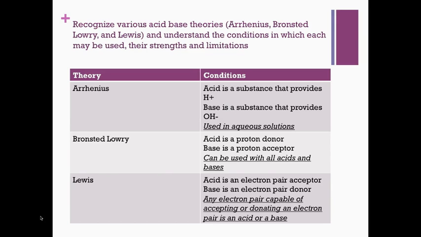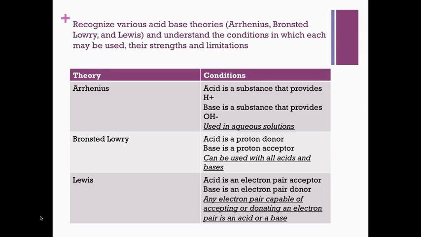Bronsted-Lowry expanded that idea to say that an acid is a proton donor and a base is a proton acceptor. Now that can be used in solutions. It can be used in the mixture of gases that are acids and bases. It can be used in a variety of situations.